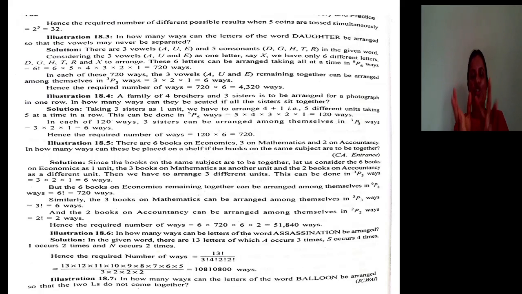See, if it is confusing, you do one thing. If there is a question like that, where we should not separate vowels, in such a way we should arrange the letters in the word daughter. So how many vowels are there in this word? 3 vowels. So you should take the 3 vowels as fixed now. You take it as 1 letter. The remaining 5 consonants are 5.